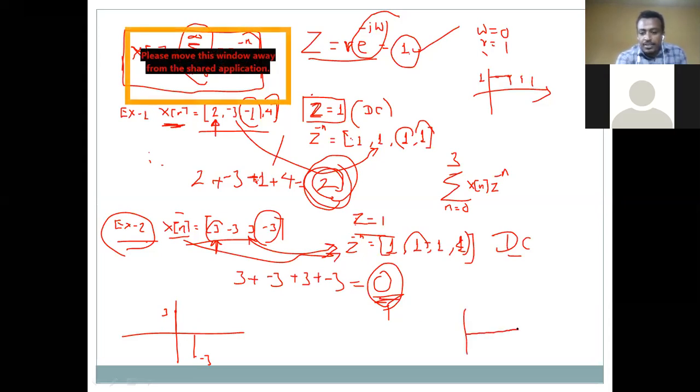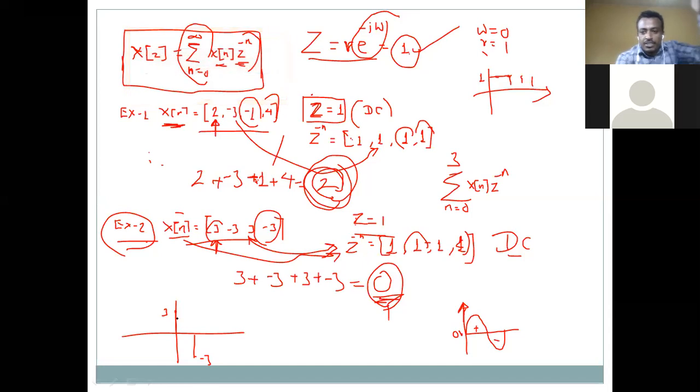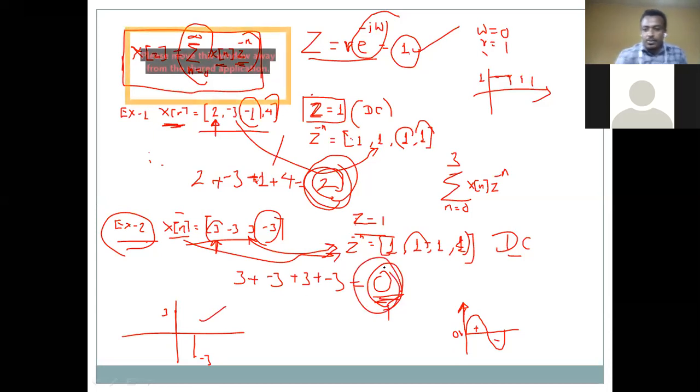If you have a sinusoidal signal like this one, what is the average? Is there any DC here? No. Positive equals negative. So if you add this, they will cancel. There is no DC. The average is 0 here. Similarly here, equal positive, equal negative. If you take the average, it will be 0. That's why inside this signal, there is no DC component.